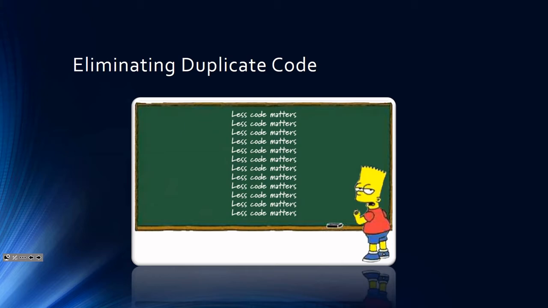And when it all was said and done, the other team still won because unfortunately they knew what the program was supposed to do. But they did it in like 500 and some lines of code. And the guys that we sent did it in like 38 lines of code. They felt like winners. They didn't care who the judges picked because they were like, we did it better. It doesn't matter what they said. So less code matters because we can be more efficient if we can do things that way.